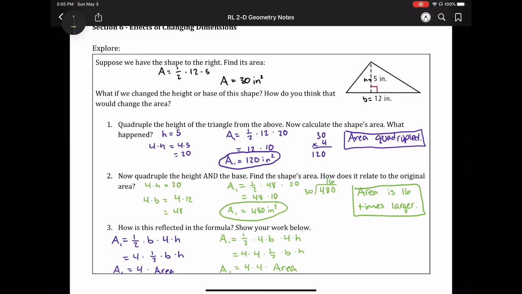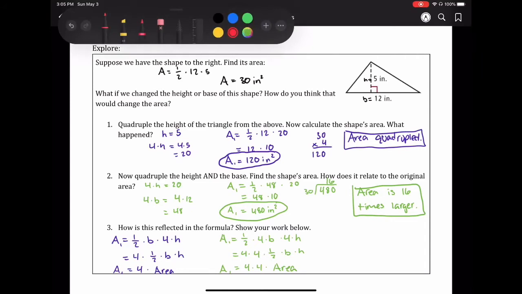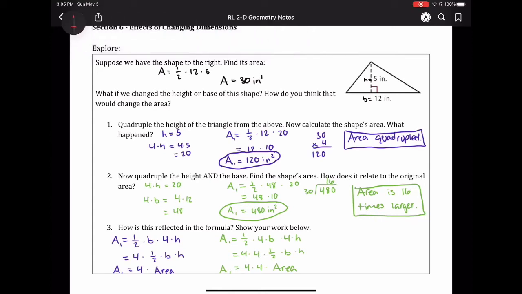So if we were to write that in a sentence or in general terms, for 2D shapes, these are non-circle 2D shapes, in general, I have: 1.